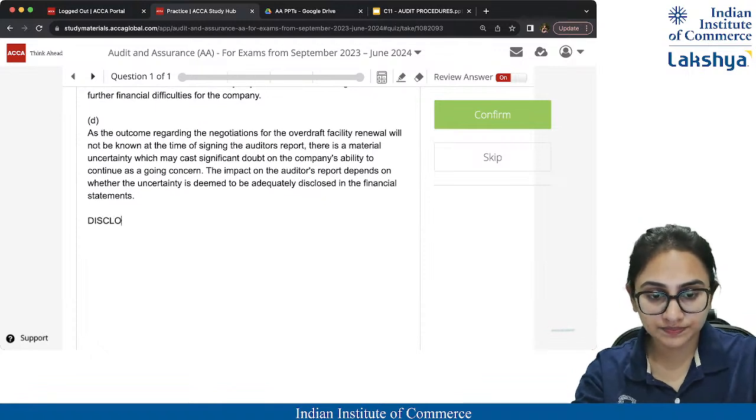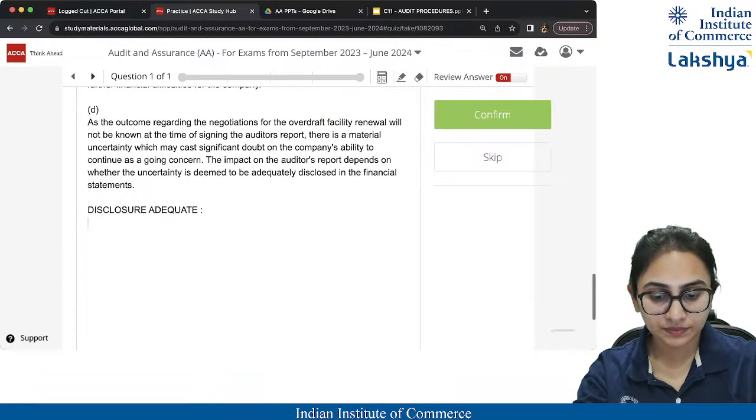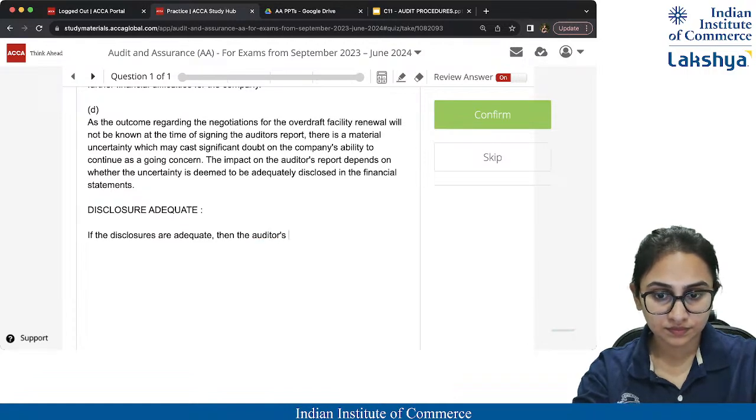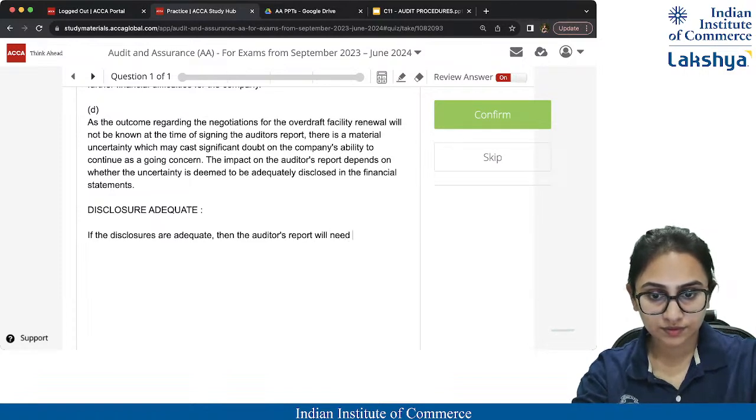So disclosure adequate. So there is adequate disclosure, then what? If the disclosures are adequate, then the auditor's report will need to include a material uncertainty related to going concern.